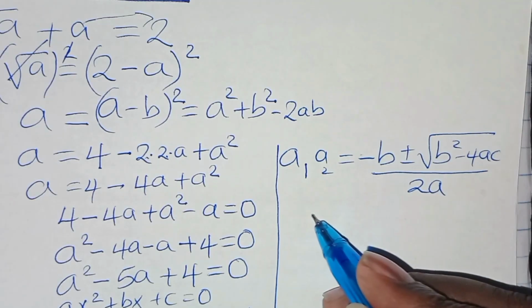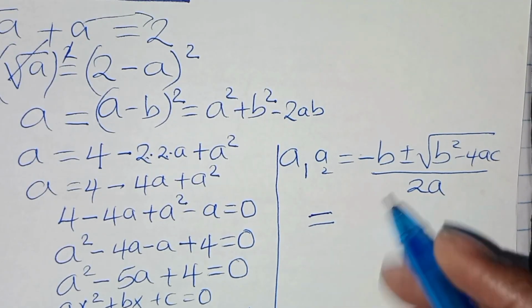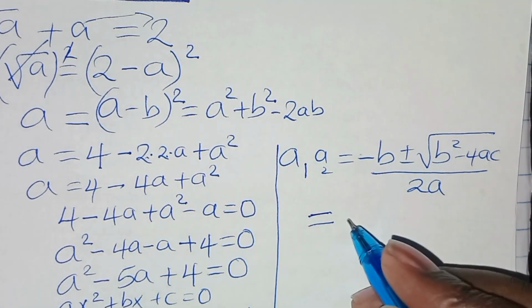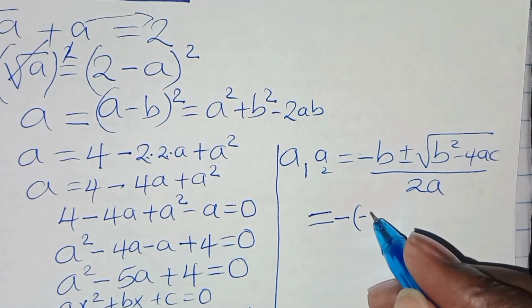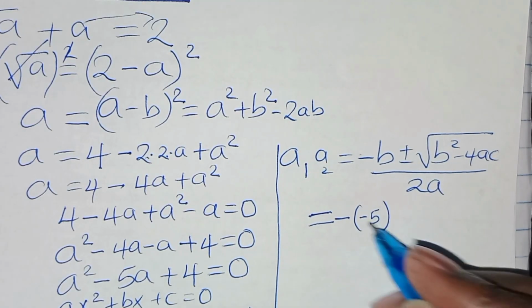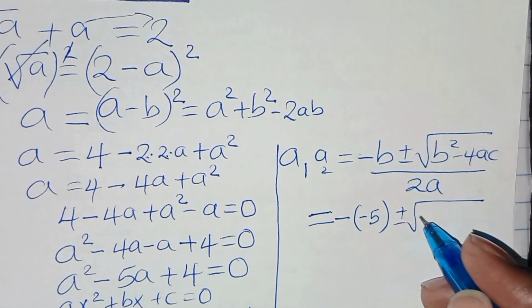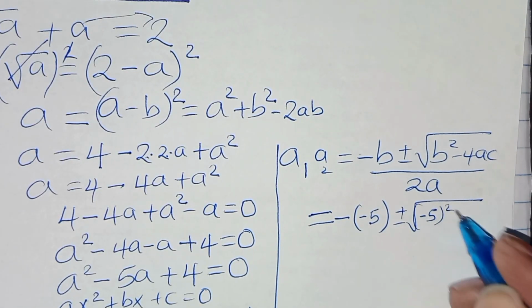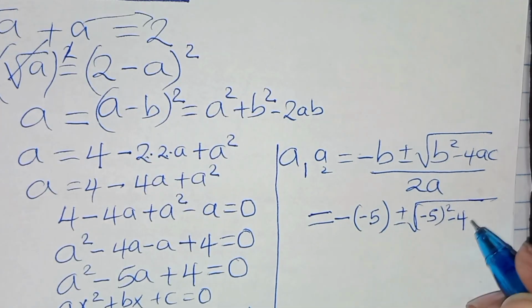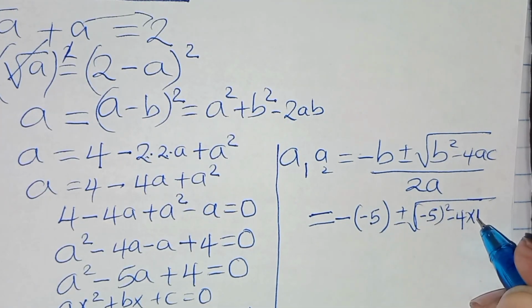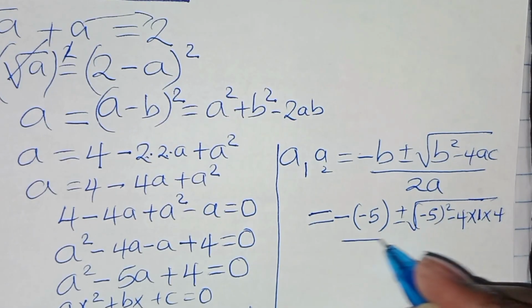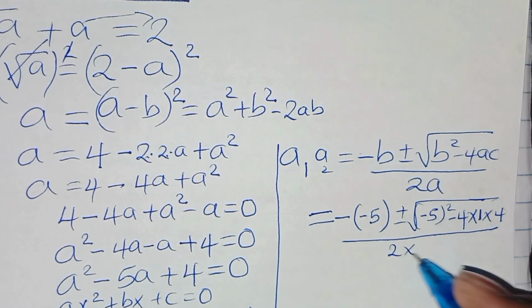Now let's substitute the values of a, b, and c. So we have negative b, that is negative 5, plus or minus the square root of b squared, which is negative 5 squared, subtract 4 times a, which is 1, times c, which is 4, all divided by 2 times 1.